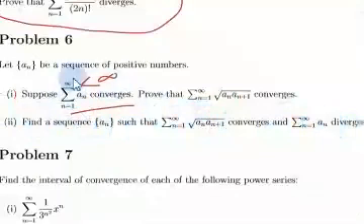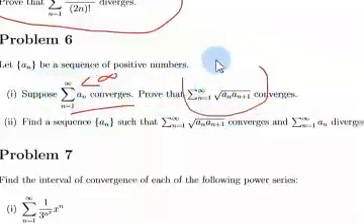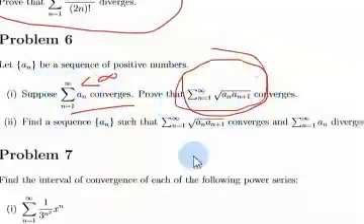If this one is convergent, this implies this, but the other way around is not true. If this is convergent, you cannot say this one is convergent. The other way is not true.